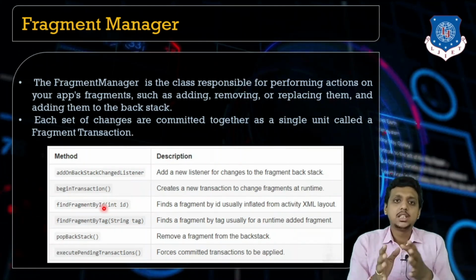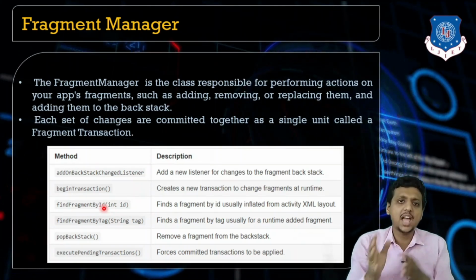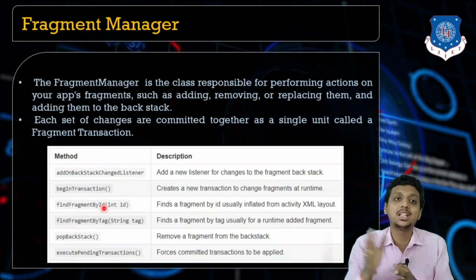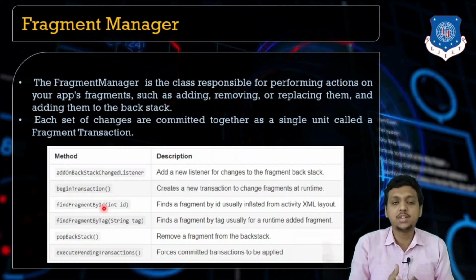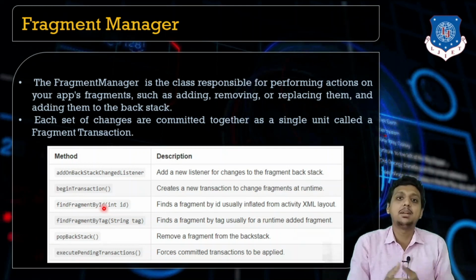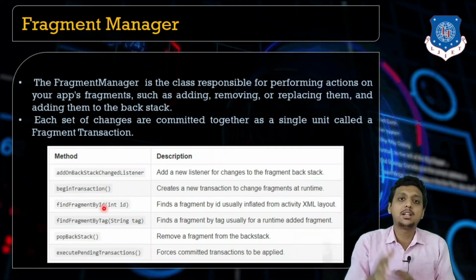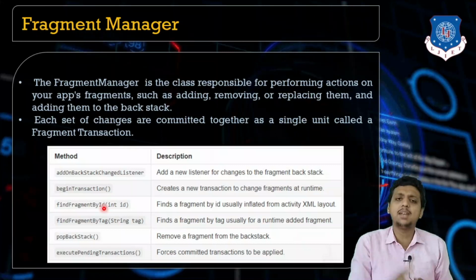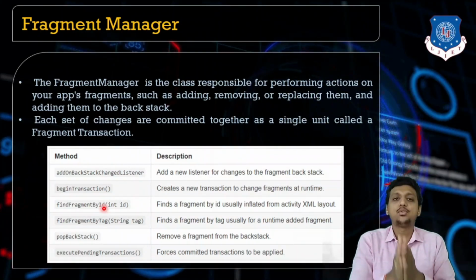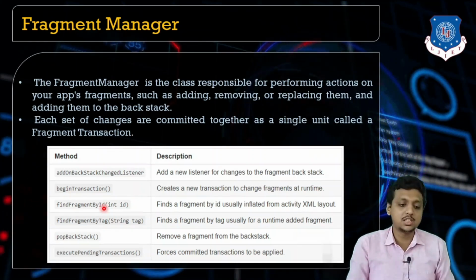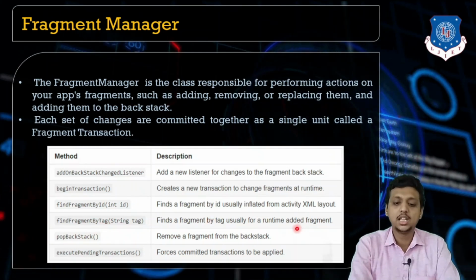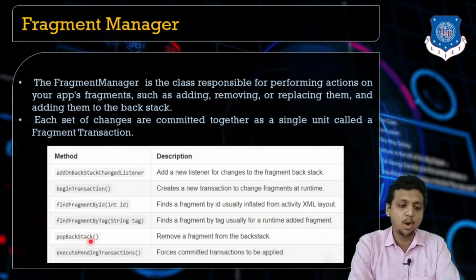Students, if you know where you have a fragment, and you want to find your fragment by ID, it is like in JavaScript, where we have various methods like document.getElementById, document.getElementsByTagName, document.getElementsByClassName. Same in Android, we have findFragmentById. So if you want to find the fragment by ID, you can use this method. Then we have findFragmentByTag.